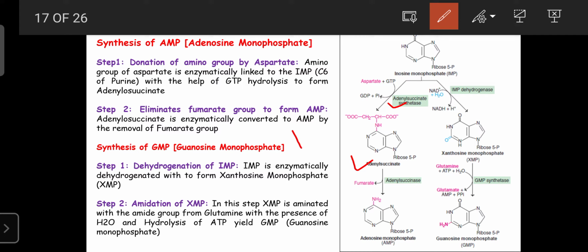that is the dehydrogenation of IMP as well as the amidation of XMP.